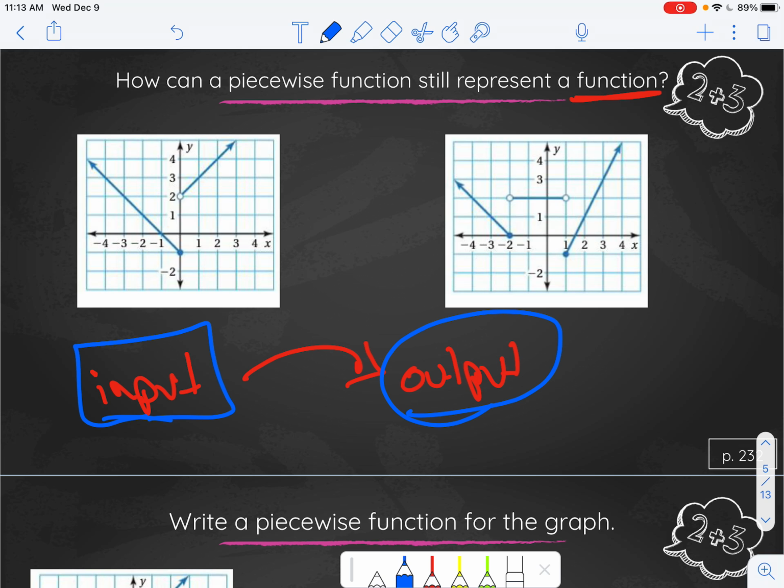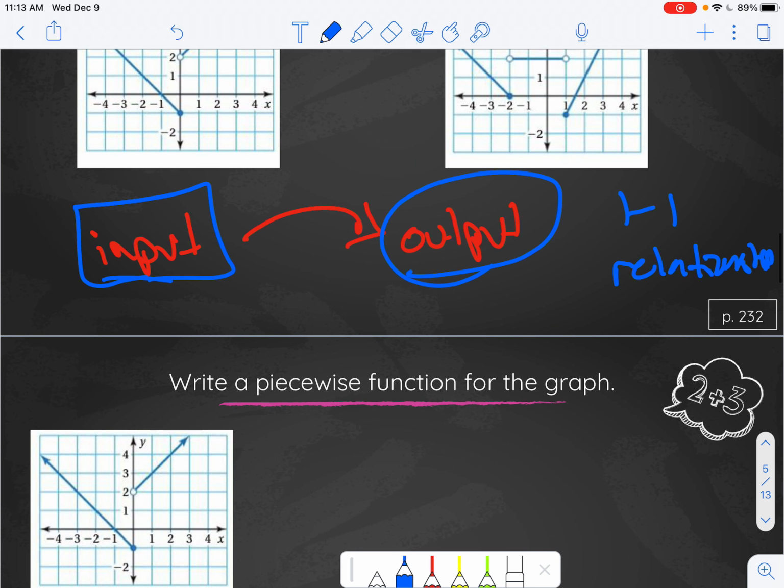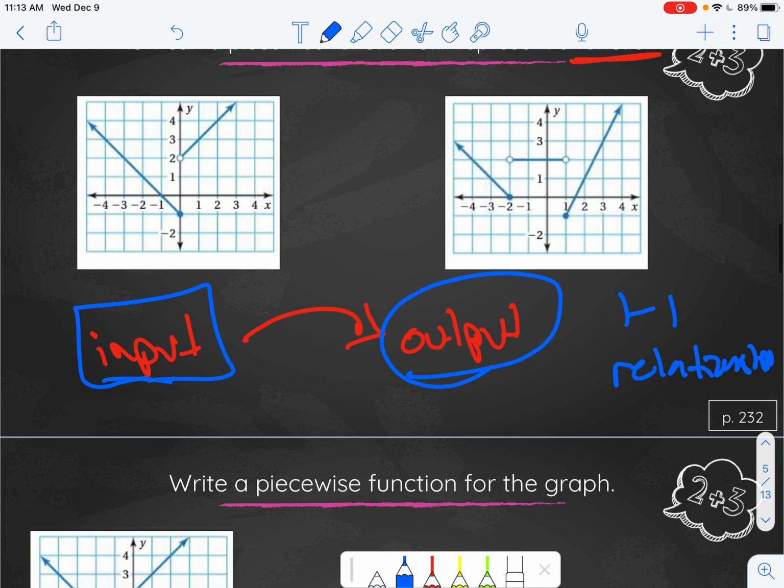So how can a piecewise function still represent a function? Because there is still one output for every input. We call that a one-to-one relationship. And in this graph here, it's no different.